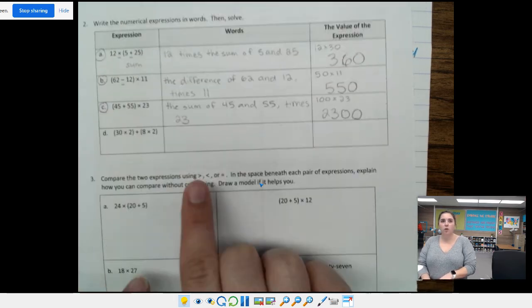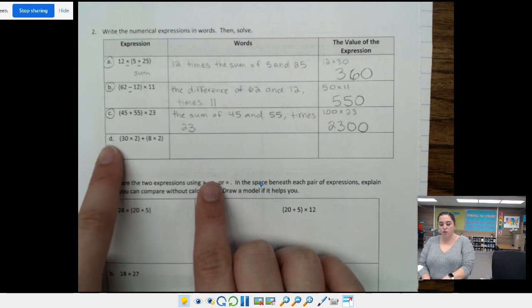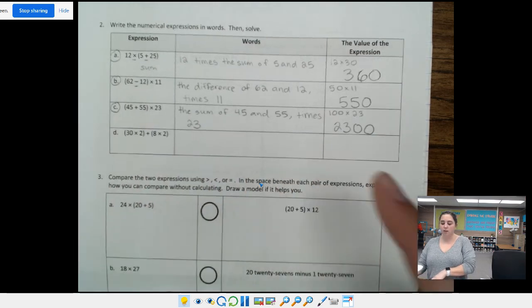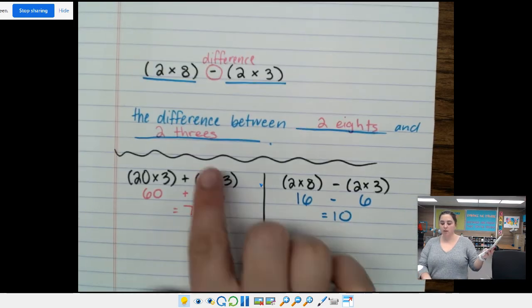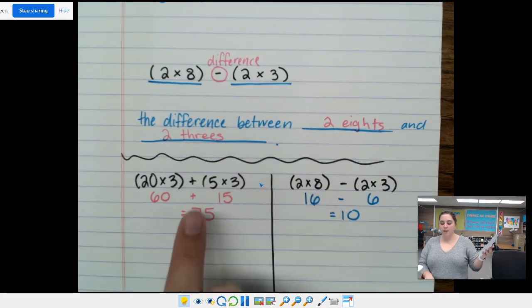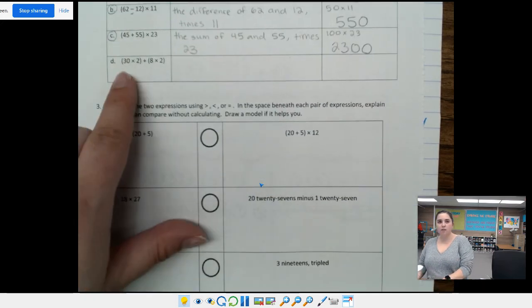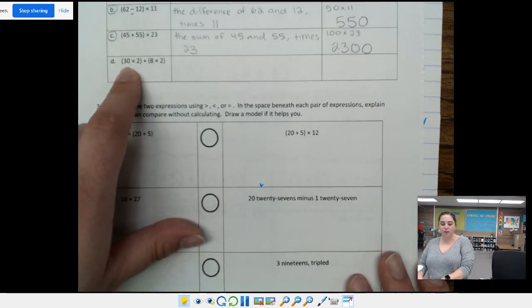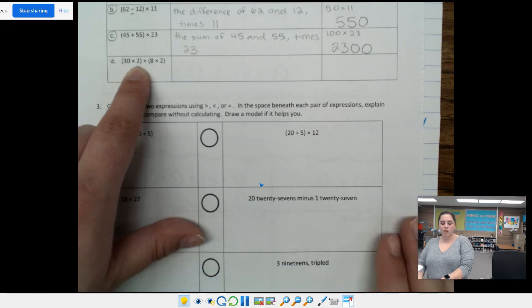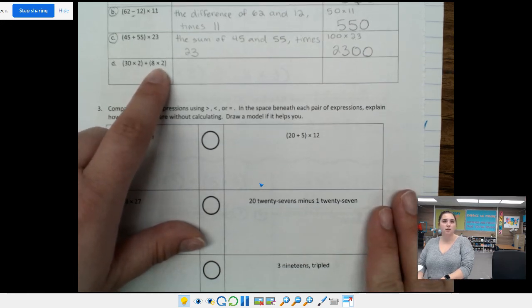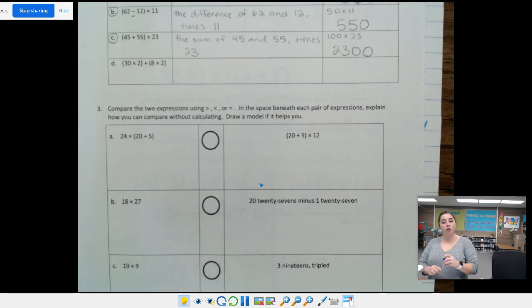So you're writing 2D in words, just like we did on these practice pages here. And then I want you to solve. In the first parenthesis is 30 times 2. Then we're adding the second parenthesis, which is 8 times 2. All right, pause, and when you're ready to check your work, come on back.